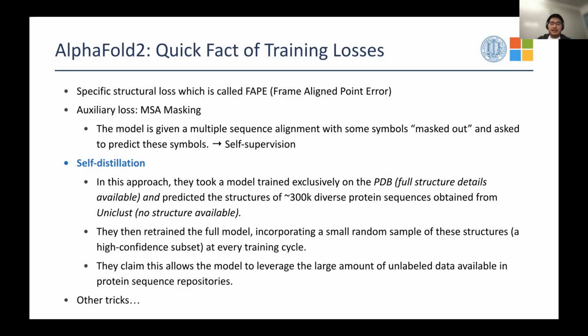So in the next training cycle, they have about 25% PDB ground truth information and 75% from the high-confidence subset predicted by the initially trained model.